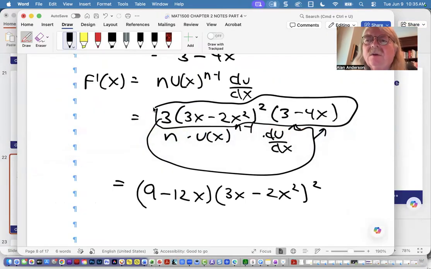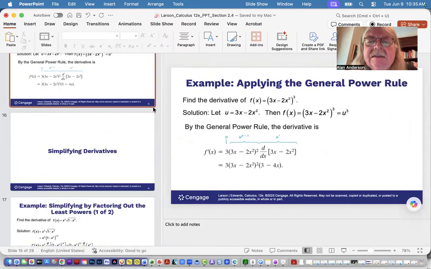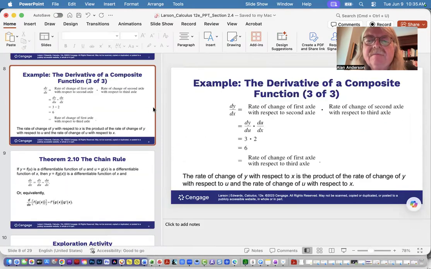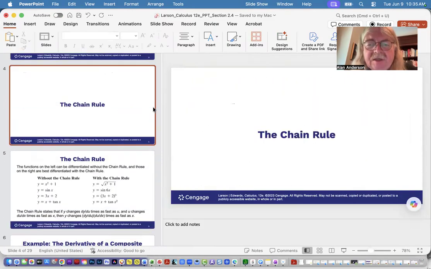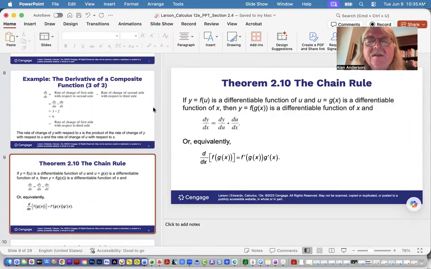And then the chain rule can be applied to the trig functions. Now, the chain rule is formally written like this.